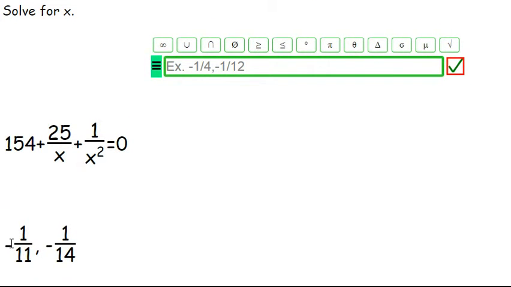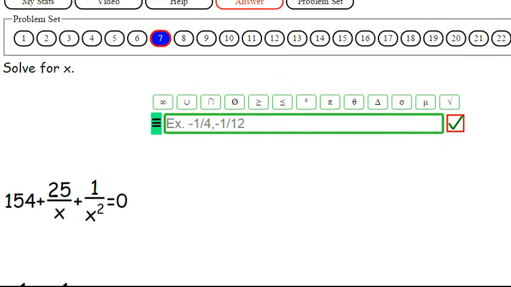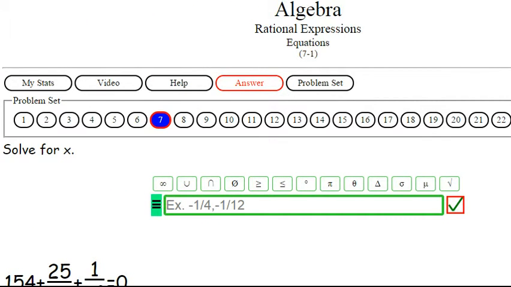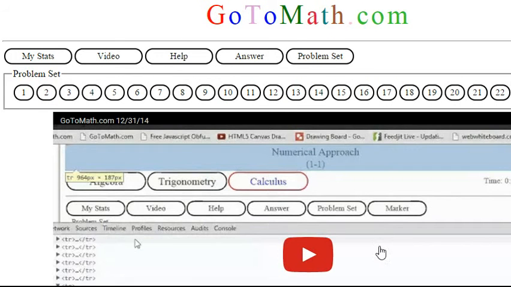Alright, so there we go. Ooh, that was a hairy one there. Okay, so we're over here at GoToMath.com getting it worked out. See you in the next problem.